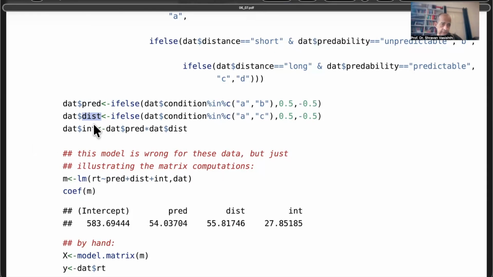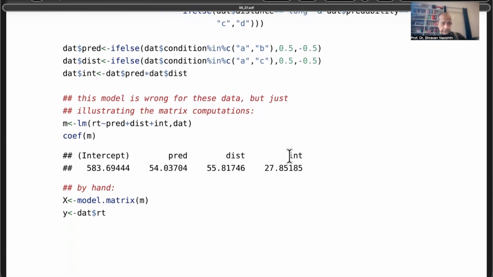And then I just computed the interaction term by multiplying the two sum-coded vectors, predictability and distance. I multiply those two, and I get the interaction, which tells me the difference of differences. I can elaborate on that in the class if that's not obvious to all of you. What I want to do now is fit a linear model with three predictors: the main effect of predictability, the main effect of distance, all sum coded of course, and the interaction, the difference of differences between the two factor levels, also sum coded.